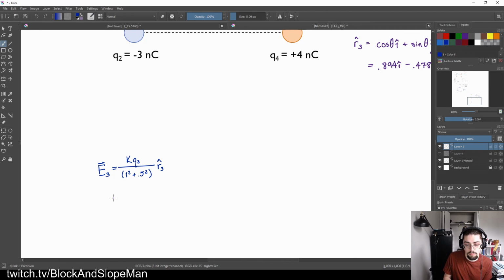Plug in some numbers. I should find a magnitude of negative 14.33 times R hat, which when split up evenly should be something like negative 12.81 I hat plus 6.85 J hat.